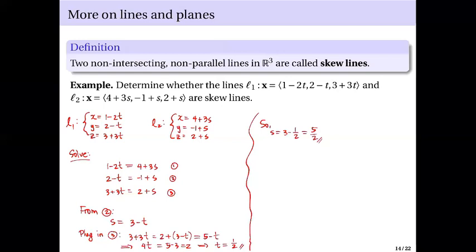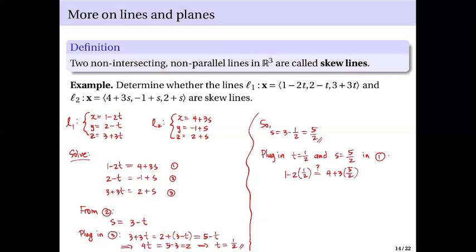Plug in t equals 1 half and s equals 5 halves in equation 1. We have 1 minus 2 times 1 half. Is this equal to 4 plus 3 times 5 halves?